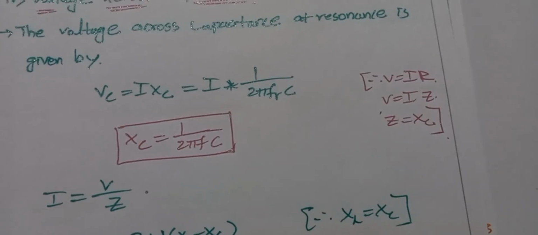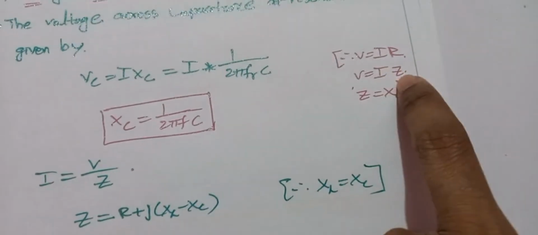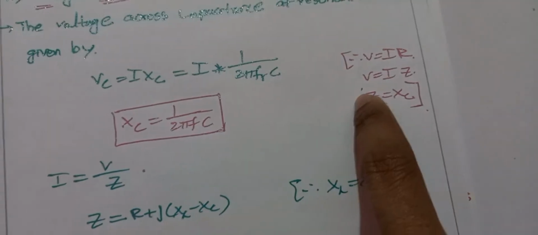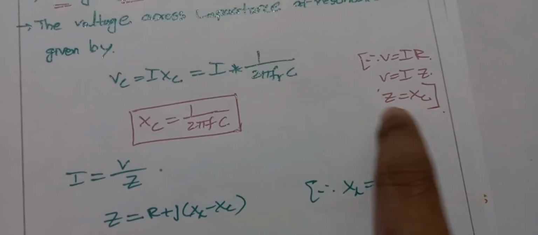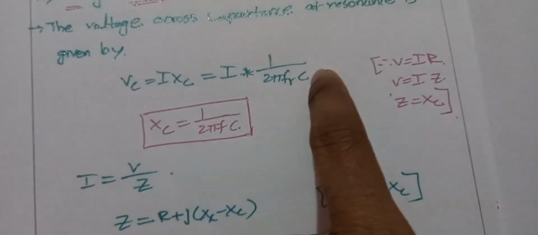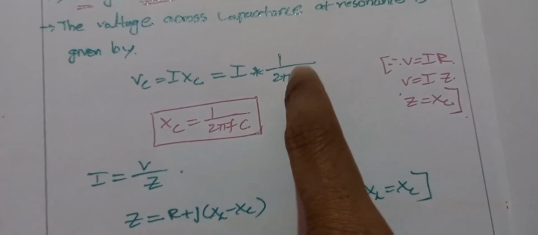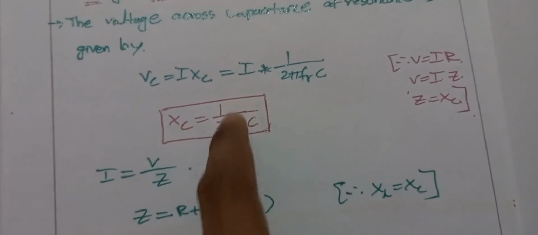Based on that, we replace resistance with impedance Z. Here we only have a capacitive reactance, that's why Xc equals 1 by 2 pi Fc, and for F we take the resonant frequency.